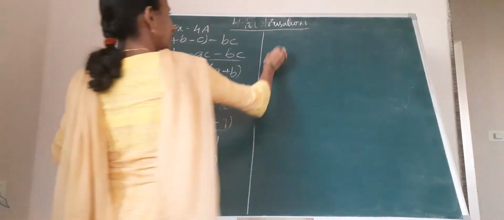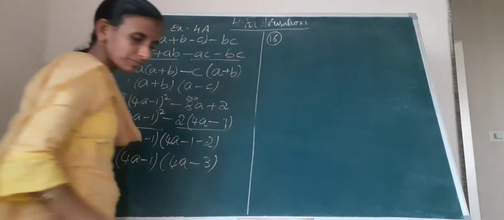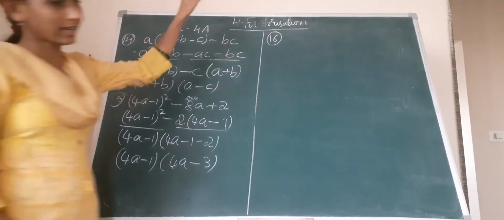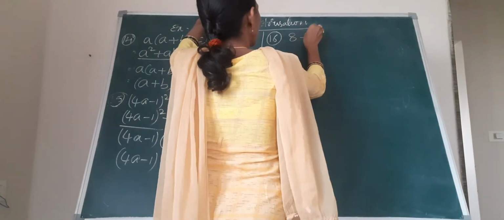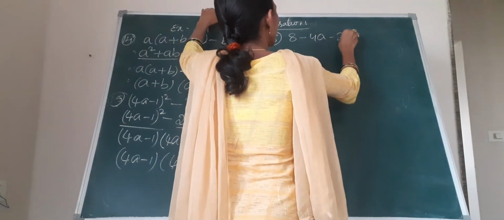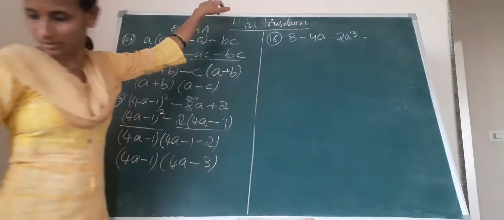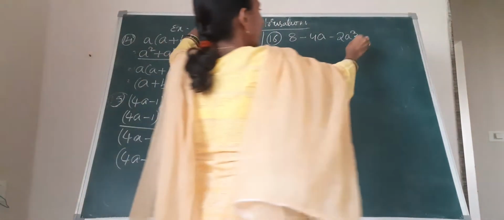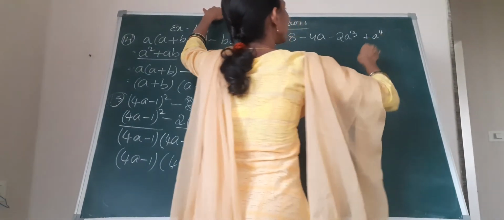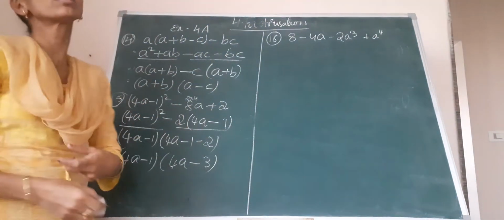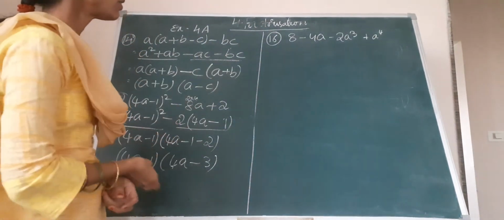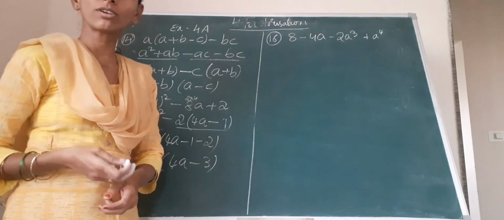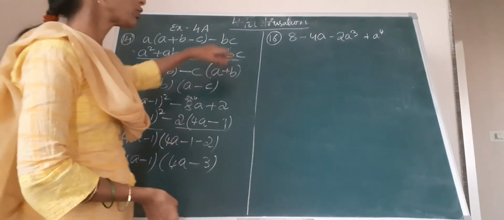Okay. Next, 16th question. So what do we get? 8 minus 4a minus 2a cube plus a power 4. Okay. Now how do we solve this? So we will solve this by the method of grouping. How do we do grouping?